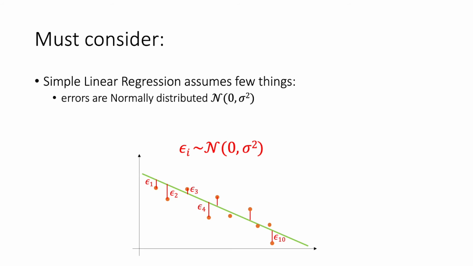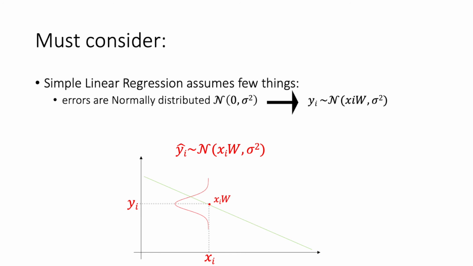Also, in simple linear regression, we assume that the errors have a normal distribution with mean 0 and variance sigma square. This means that for every prediction, for example if we want to predict the value for xi, the prediction is going to be a normally distributed value centered at xi times w with a variance equal to sigma square, as we can see in the figure.